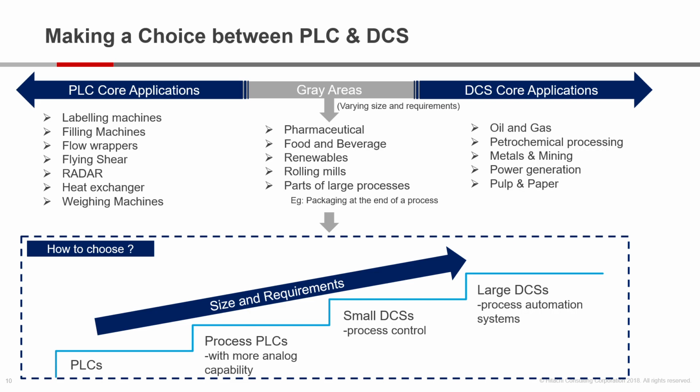So even DCS manufacturers are trying to make it less expensive and comparable to a PLC. These days, you will see many PLC controllers which are compatible with a DCS as well. For example, ABB has controllers which can work as a PLC and a DCS as well. So there are many gray areas. It's not strictly defined in today's day.